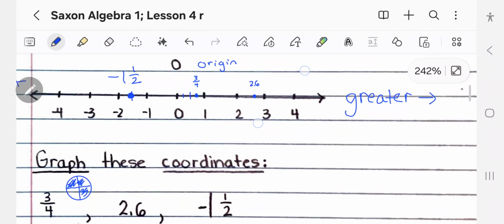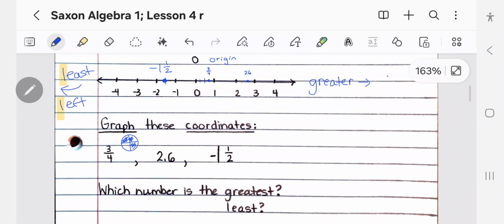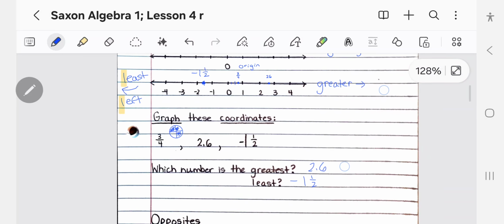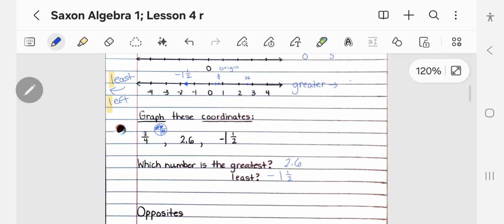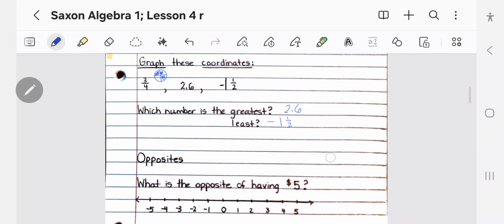And we can see we put 2.6 the furthest to the right. So we'll put that there. And the least number, all the way to the left, is -1 and 1/2. So when you're plotting these things on the number line, you can use that picture to decide, put the numbers in order.